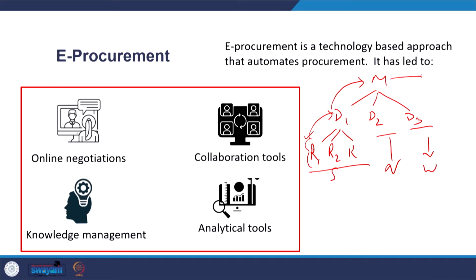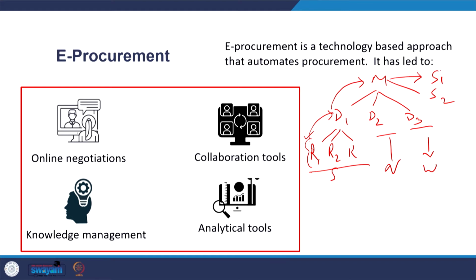But when you talk about procurement, is that even helpful in procurement? Yes, it is helpful. For example, if you go back one step, there are suppliers. Let us say a manufacturer has two suppliers, S1 and S2, who are supplying components to the manufacturer.